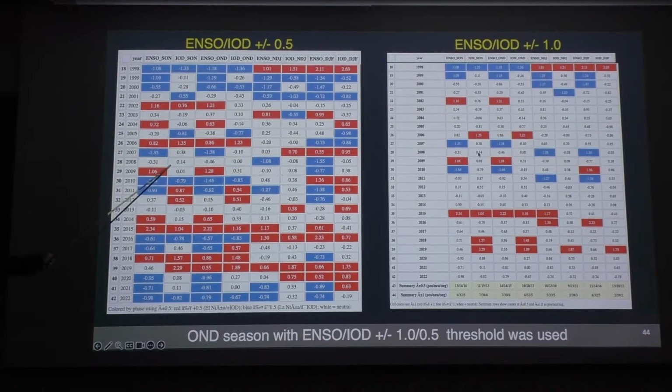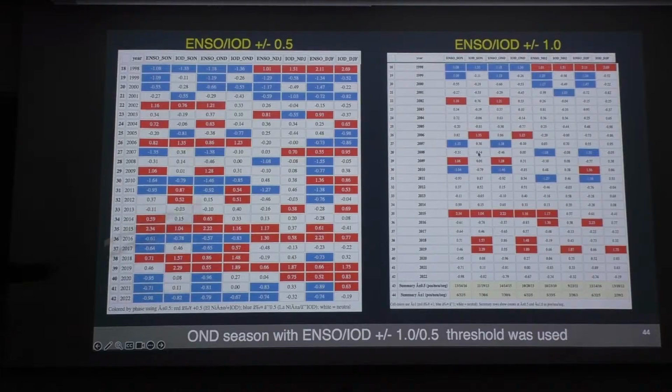When I use 0.5 for ENSO and IND, you can see there is a lot of this activity. This is ENSO for SON, because most of the research are saying ENSO and IND are strong starting from September going forward to December or January.